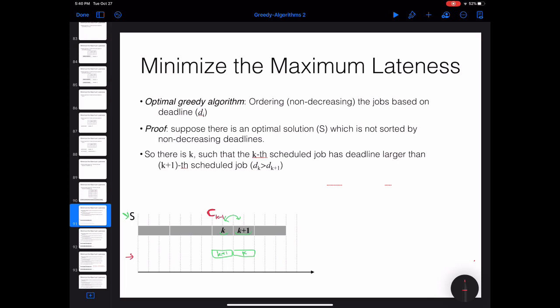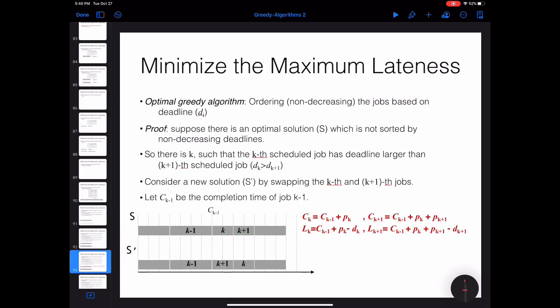So I wanted to know what would happen to the latency of the jobs after changing these two jobs, K and K plus 1. One thing that I know about the finish time of job K before changing the answer is that the finish time is going to be C of K minus 1 plus PK, the processing time of K. I don't know anything about the processing time of K, but that's fine.